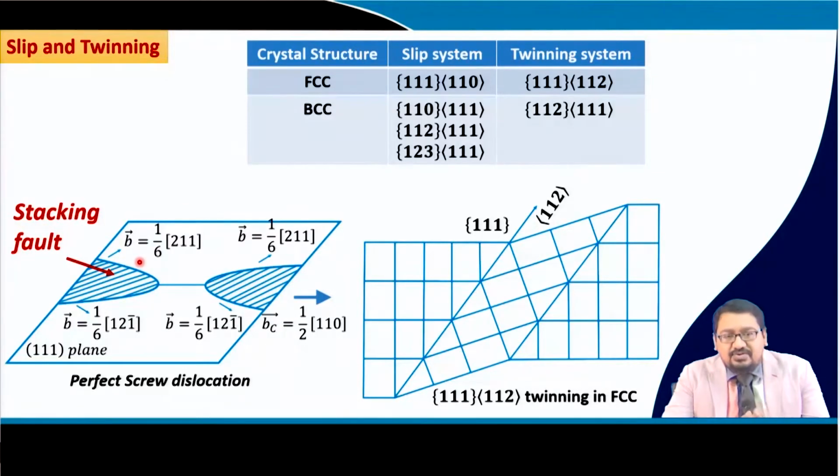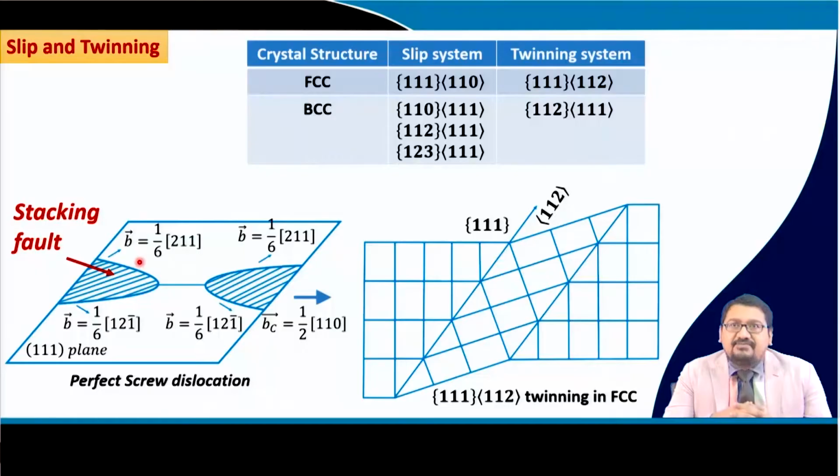These are 112 types. The distance between these partial dislocations becomes very large if the stacking fault energy is lower, and the distance becomes smaller if the stacking fault energy is higher. So, the deformation behavior of a face centered cubic material depends upon its stacking fault energy.